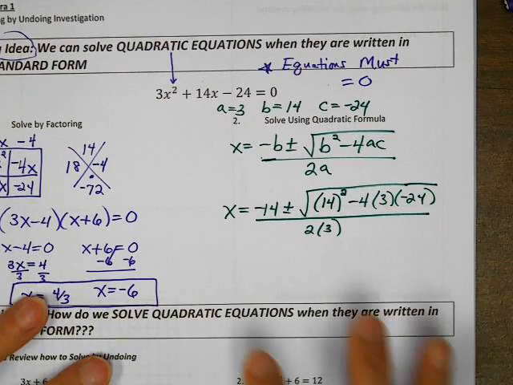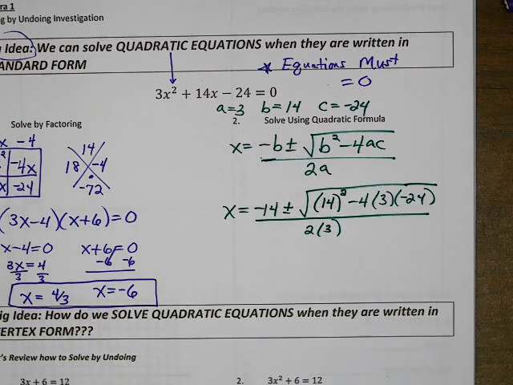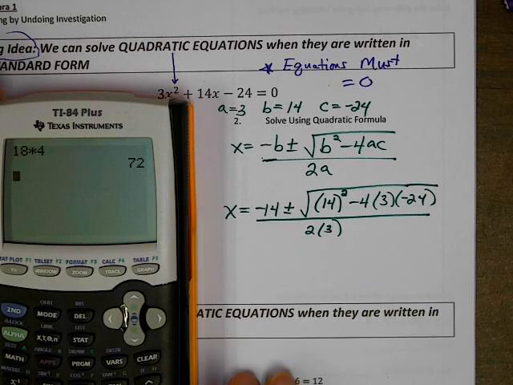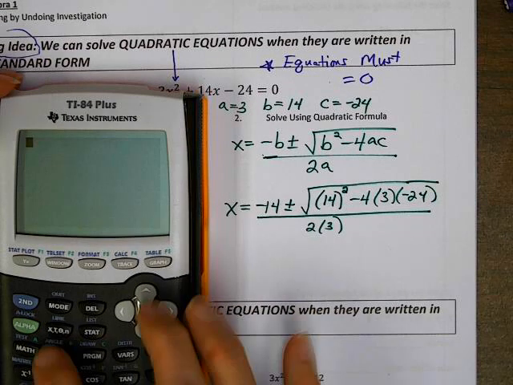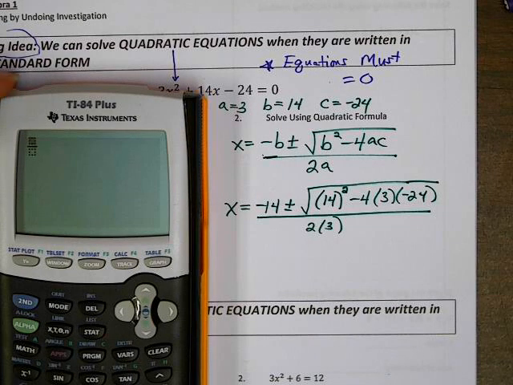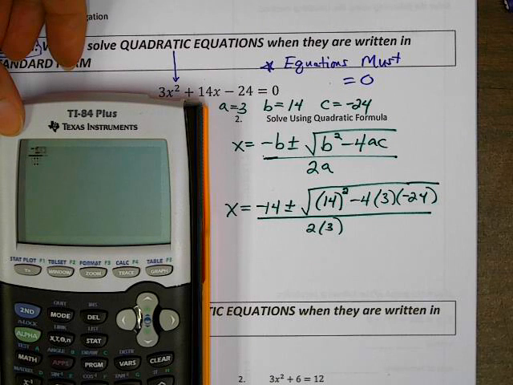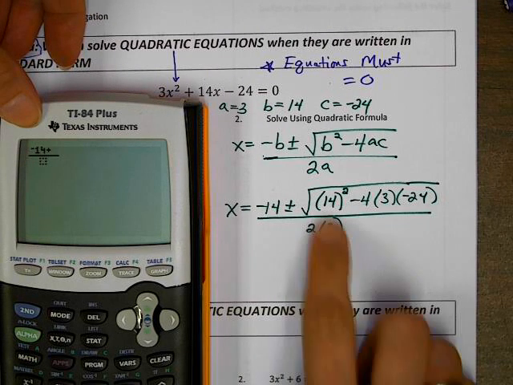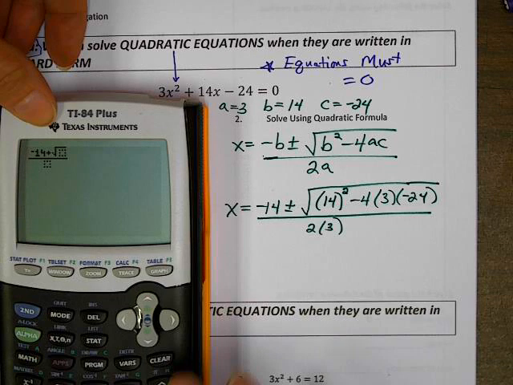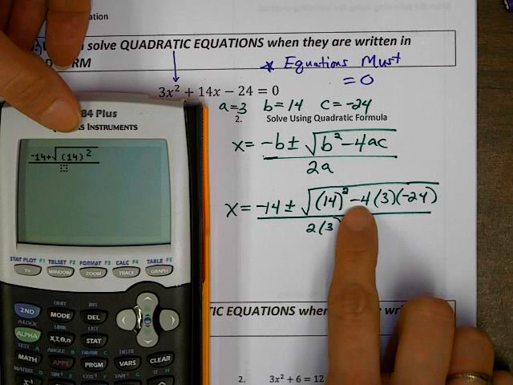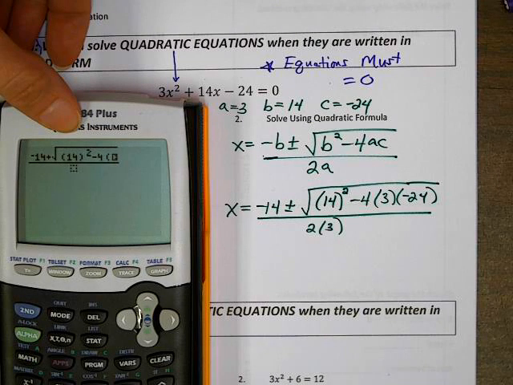And then this is when we always just pick up our calculator and use the fraction button. So the first thing I'm going to do is get the Y equals. And in the numerator, I'm going to type it exactly the way it is. Negative 14 plus the square root of parentheses 14 squared minus 4 times 3 times negative 24.